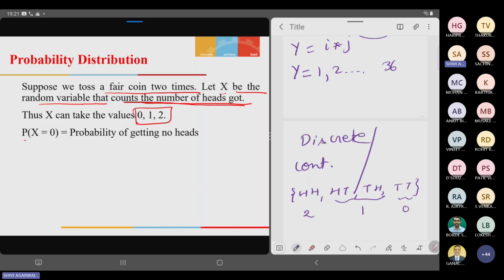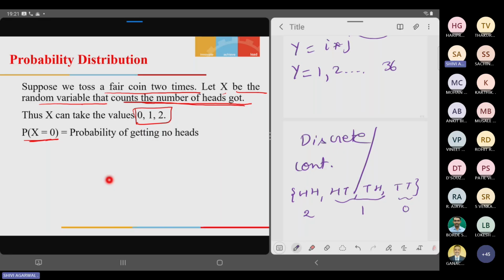Now we can find the probability of the random variable X equal to 0, the probability of getting no heads. What is the answer? I believe everyone knows, so many times we have done it. Please write it in the answer. Why is it 1 by 3?